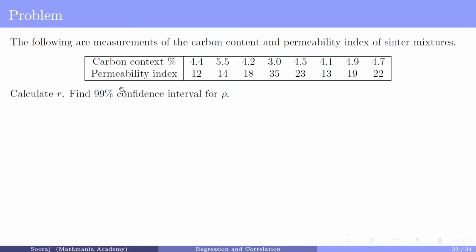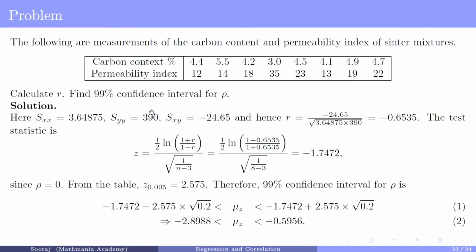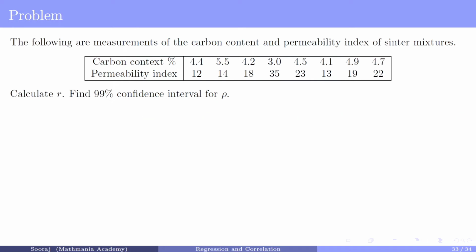Here we have a problem which represents some bivariate data. We are asked to calculate r and the confidence interval for rho. To calculate r, we calculate Sxx, Sxy and Syy and substitute in the formula.